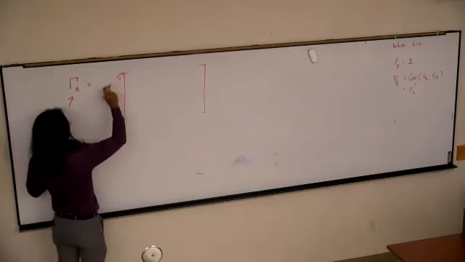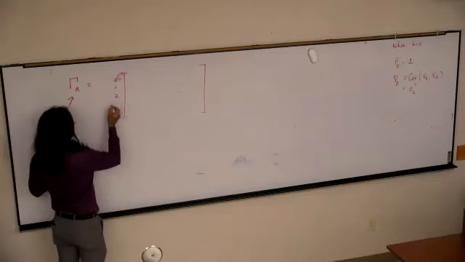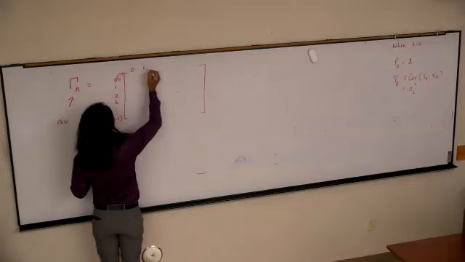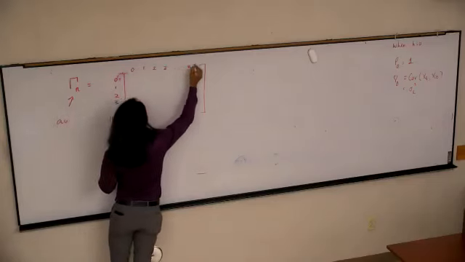So lag 0, 1, 2, 3, dot, dot, dot, n minus 1, and 0, 1, 2, 3, dot, dot, dot, n minus 1.